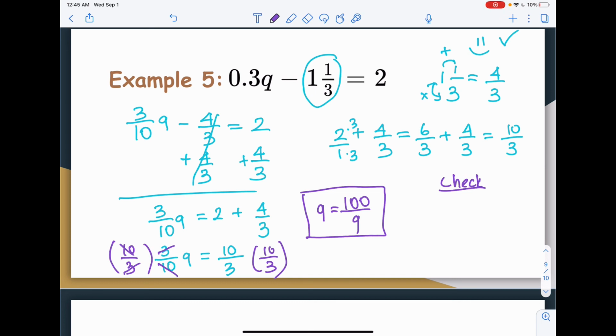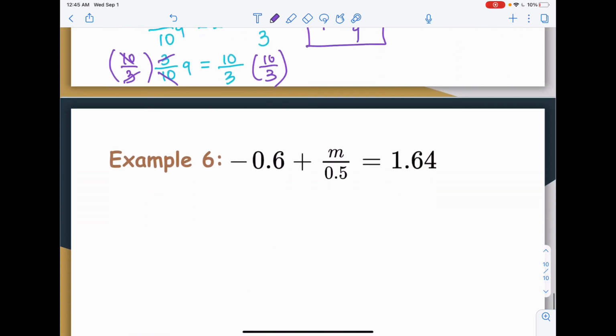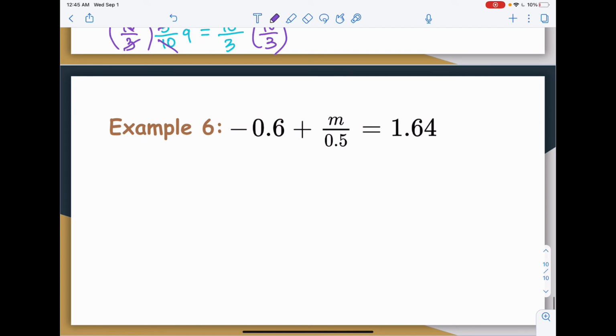Okay, let's move on. Last question, negative 0.6 plus m over 0.5 is equal to 1.64. Let's go ahead and start with taking care of the constant first, but of course write the original equation.